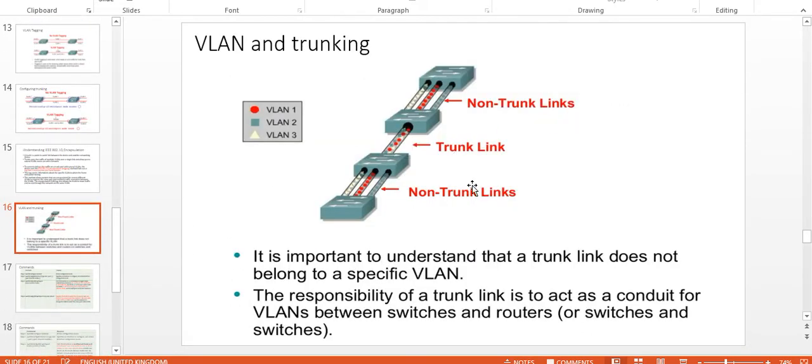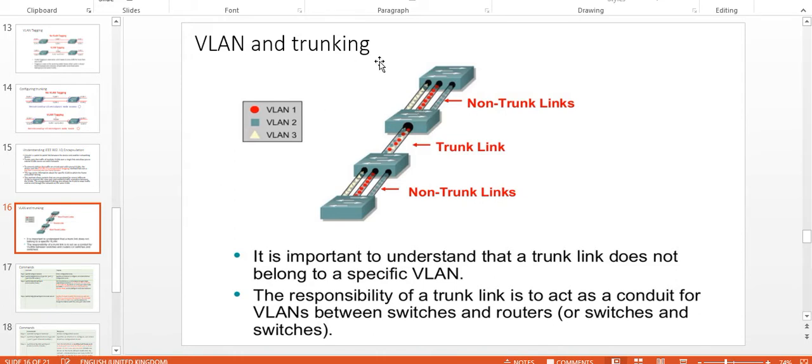Now this is again a better understanding of your trunk port, okay? Consider these versions as a circle, which is VLAN 1, then there's a square of another VLAN and a third VLAN, right? Inter-switch communication of separate VLANs is happening, and at a time one VLAN is possible, but yes, all of the virtual LANs can communicate with each other at a time when you configure your trunk port, right?